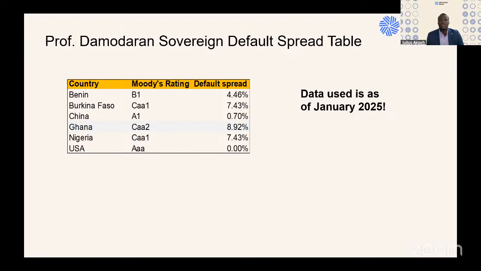Or you go to the CDS market, see the spread quotations, and use those. Or you can use Damodaran's sovereign rating spread table, where you know the rating for your country and see the corresponding spread. That's the argument we've made for today, and we're going to see all these things in action on Monday.